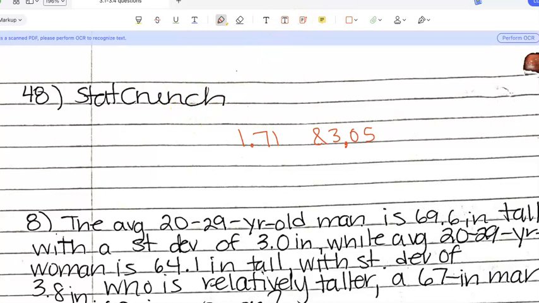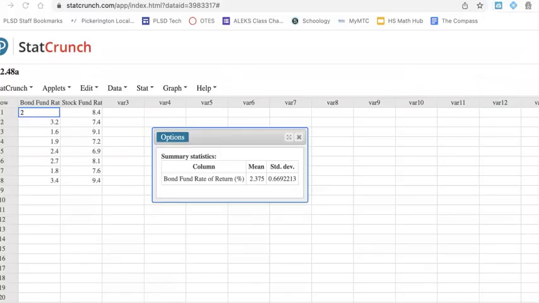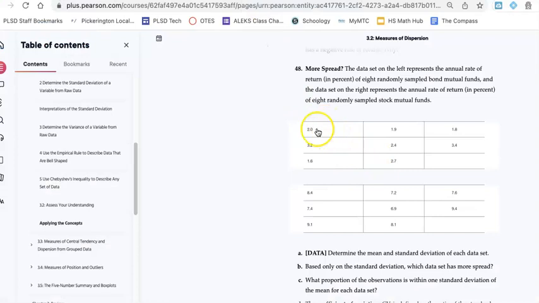So I look at my actual data and I'm deciding what proportion actually fall in there. So when I look at the bonds data, I'm asking within one standard deviation of the mean, so between 1.71 and 3.05.